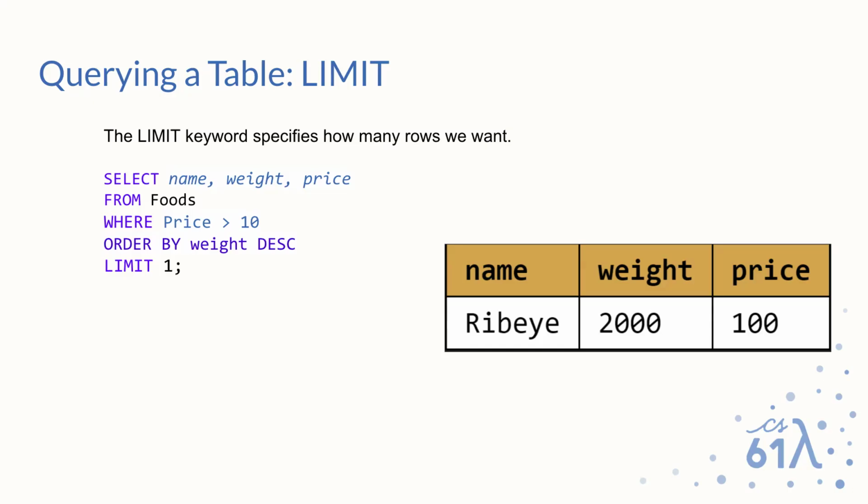So limit is usually used with an ORDER BY. You order by something and then limit to the top 5, or the bottom 5, or the lowest 5. In a data table, it's more meaningful to get the highest 20 prices or the highest 20 weights.